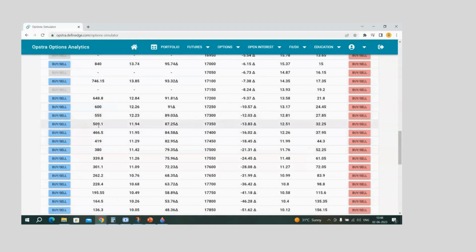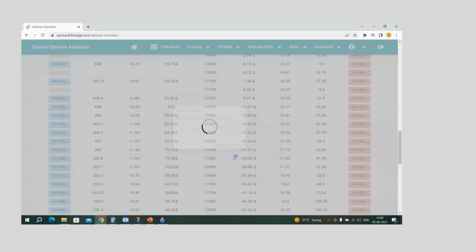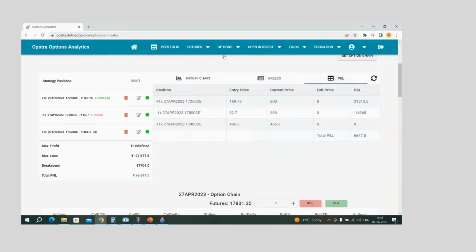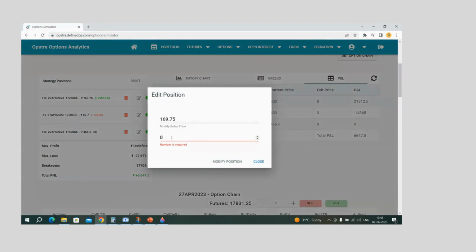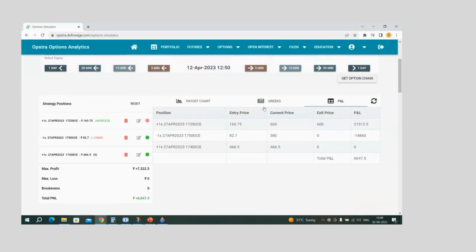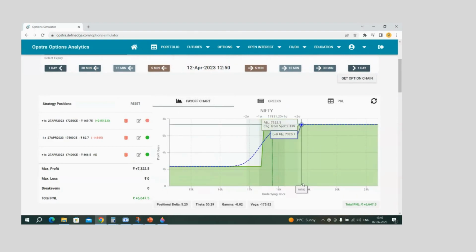Two, three strikes I will move away, and then buy it, and also exit this at 600. Generally, when the premiums are good, you will get more than 50. Now premiums are very bad, and to lock the profit, we have to do this. If you see now, we have locked 2,300 to the downside here.